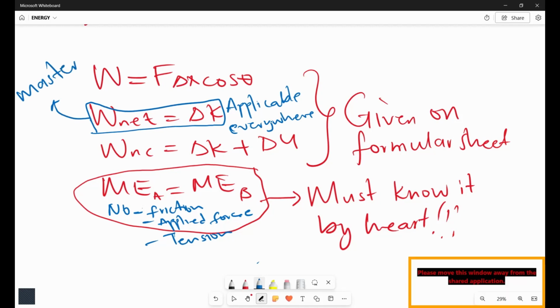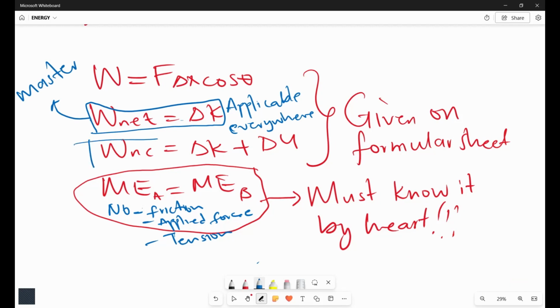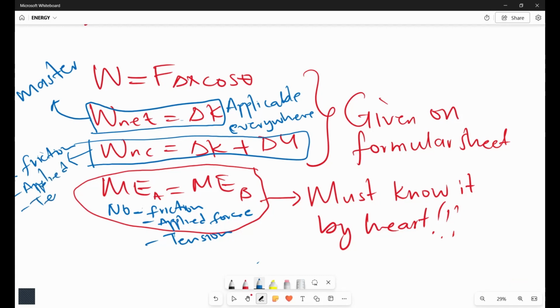Whether you have friction or no friction, you can use this everywhere. For this other one, there should be friction, applied force, or tension, any of these. Applied force and tension are opposing each other. But this one is applicable everywhere.